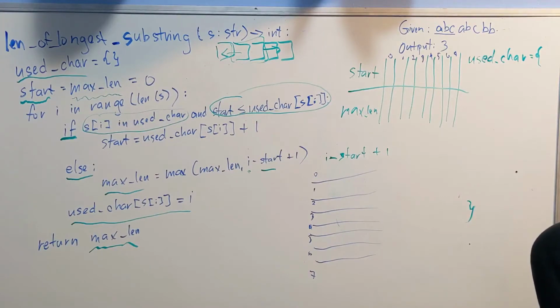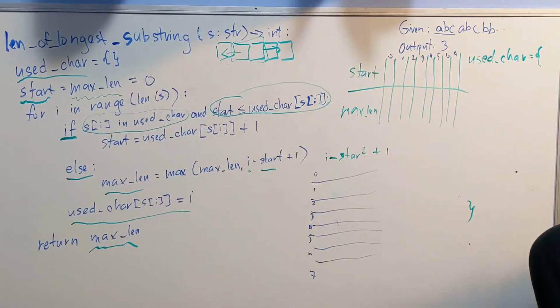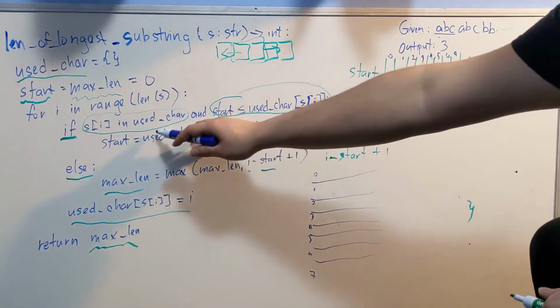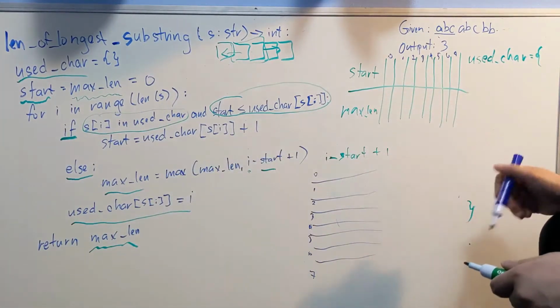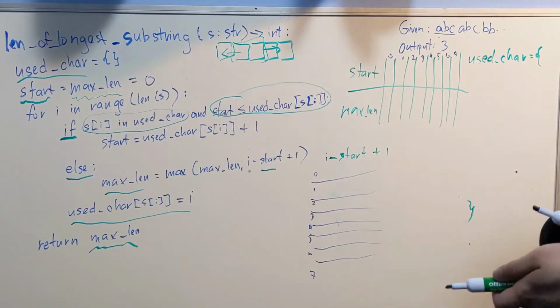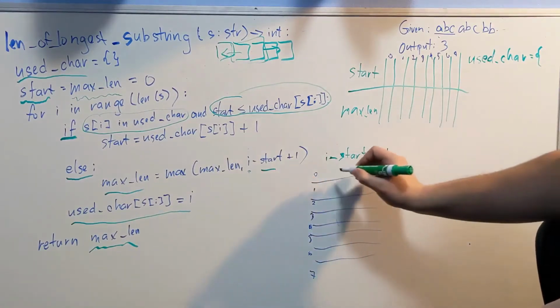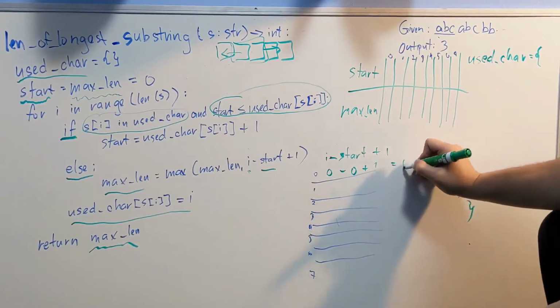Okay, let's start with loop number 1. i equals 0, the first iteration, and we'll start off with a. Is a in useChar? Nope. So what we do now is update the value for max length. We start first with this one: i, which is 0, minus 0, plus 1, that is 1.